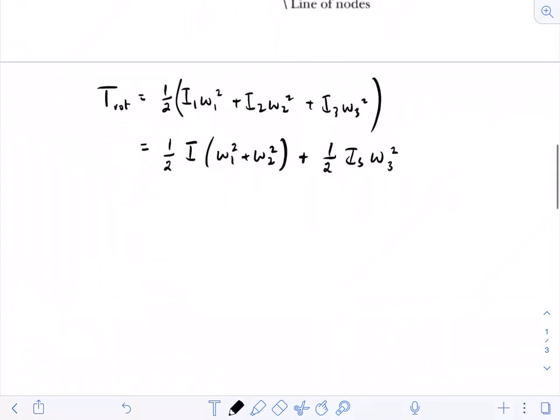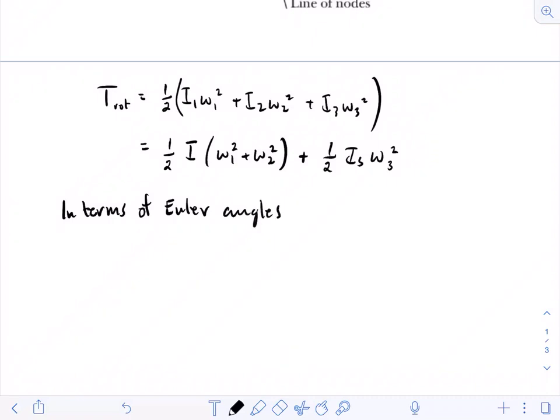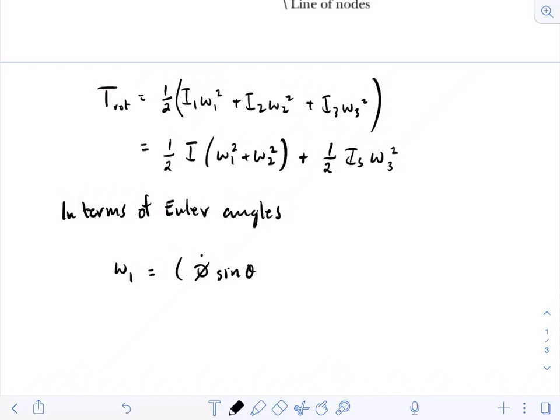So in terms of Euler angles, if you look back, what we had was that omega 1 was equal to phi dot sine theta sine psi plus theta dot cos psi. And what we need in our rotational kinetic energy is the square of this.